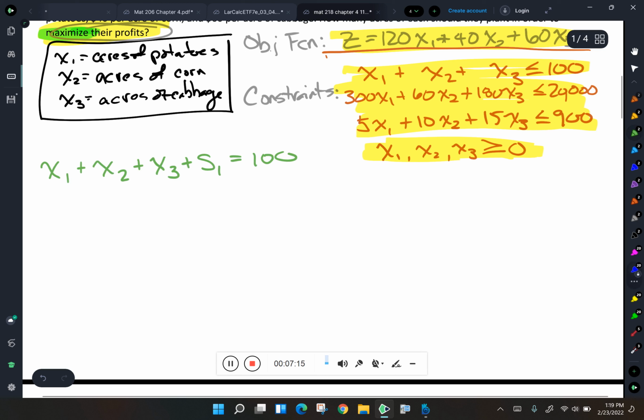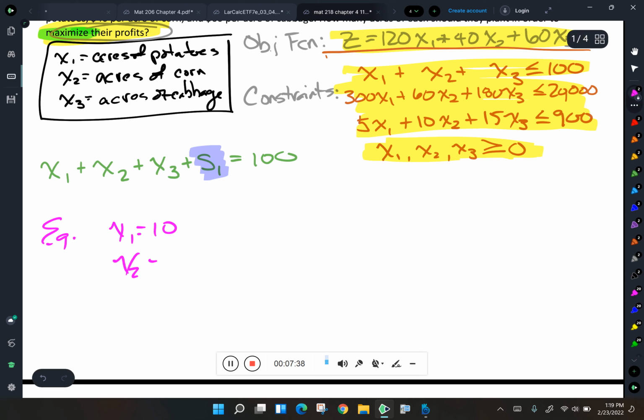Okay. Now the variable that I'm adding is s sub 1. That is going to be our first slack variable. What a slack variable does is it takes up any slack in the inequality. For example, suppose that x sub 1 was 10, x sub 2 was 50, and x sub 3 was 30, meaning we planted 10 acres of potatoes, 50 acres of corn, and 30 acres of cabbage.